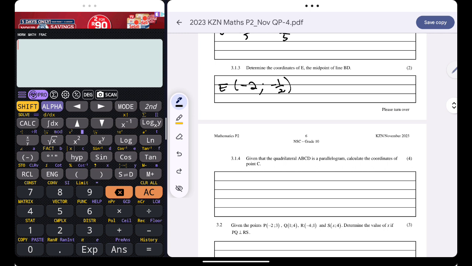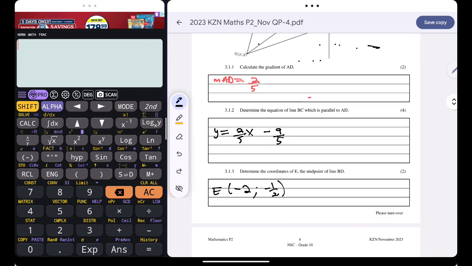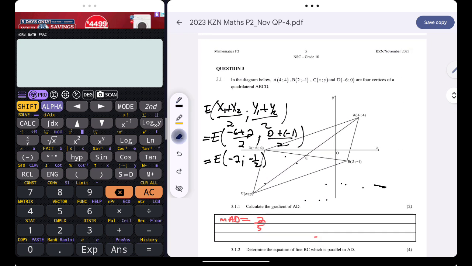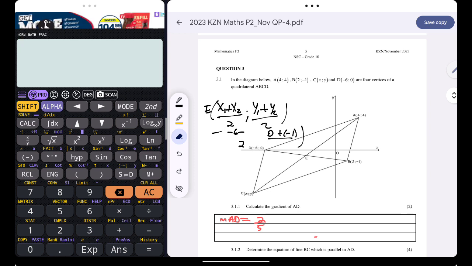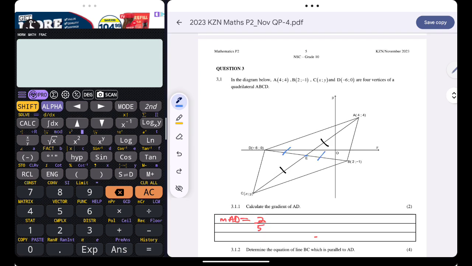Given that the quadrilateral ABCD is a parallelogram, calculate the coordinates of C. Okay, I'm told that I have a parallelogram. The properties of a parallelogram simply mean that the diagonals will always bisect one another. So E is not only the midpoint of line BD, E is also the midpoint of line AC.